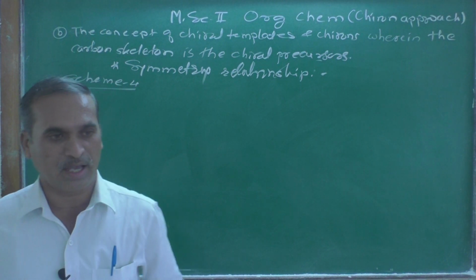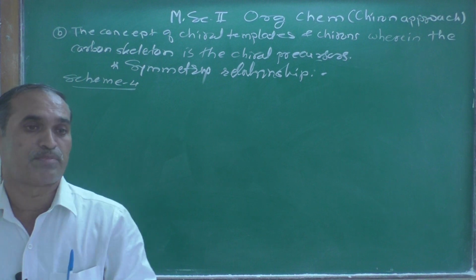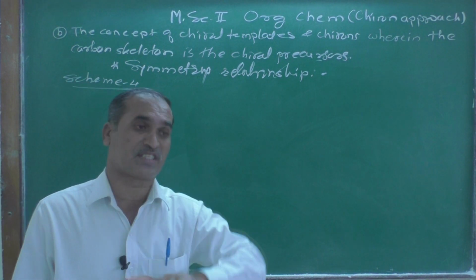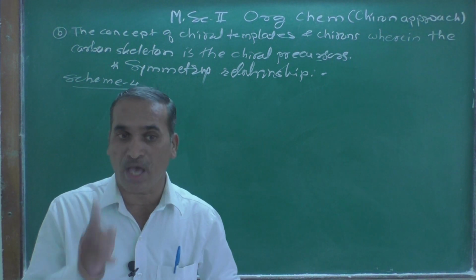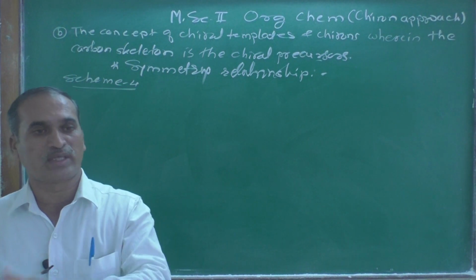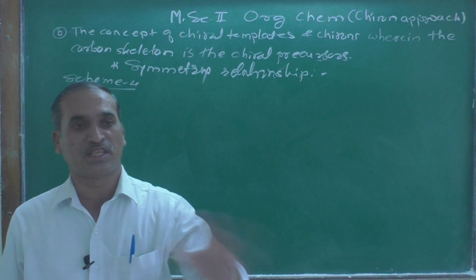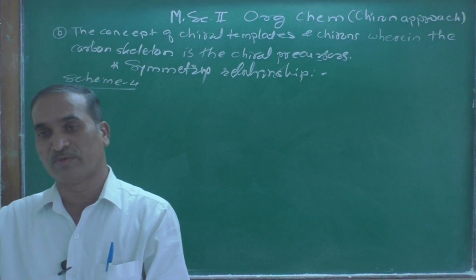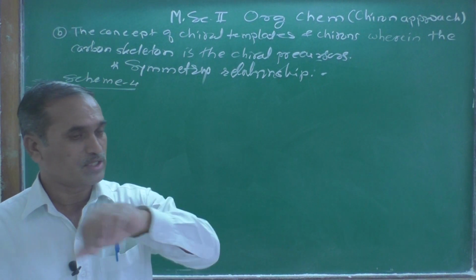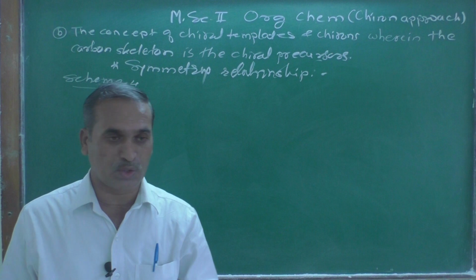And the 6 compounds which we are going to synthesize by using this approach only, and how they differ from the retrosynthetic analysis, that also we will see later on. Which are those 6 molecules we are going to learn?